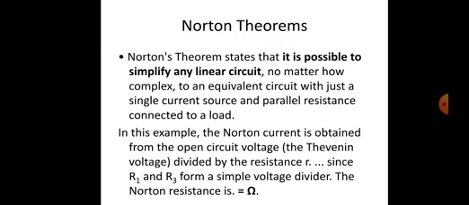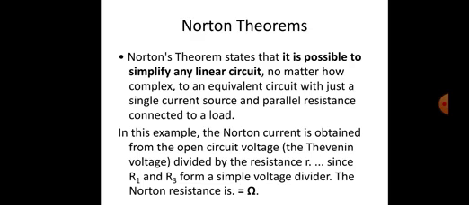Next, we will see about Norton's theorem. Norton's theorem states that it is possible to simplify any linear circuit, no matter how complex, to an equivalent circuit with just a single current source and parallel resistance connected to a load.